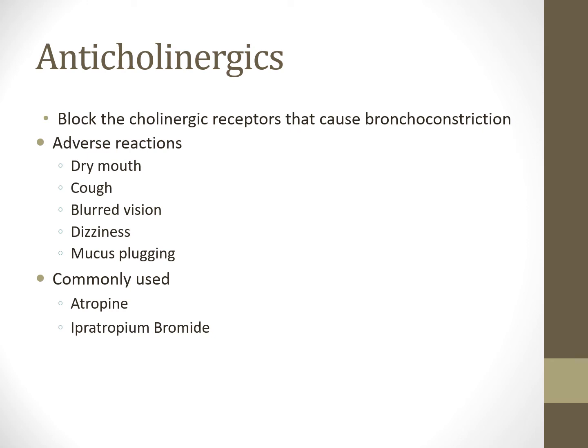Anticholinergics, these will block the cholinergic receptors that cause bronchoconstriction. So there are side effects here. They could have some mucus plugging issues, especially in the neonates. Big thing here would be Atrovent. Atropine is rarely used here unless it's symptomatic bradycardia, and then we're using it as an IV medicine, right?